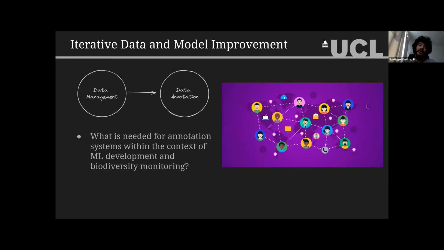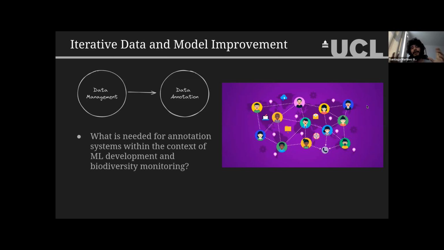Then, related to the previous point, annotation is collaborative work, especially when you're trying to do something nationwide. You gather all the experts from the field on, for example, bats, of which there are several, and all of them might have different ideas of taxonomy and identification skills.